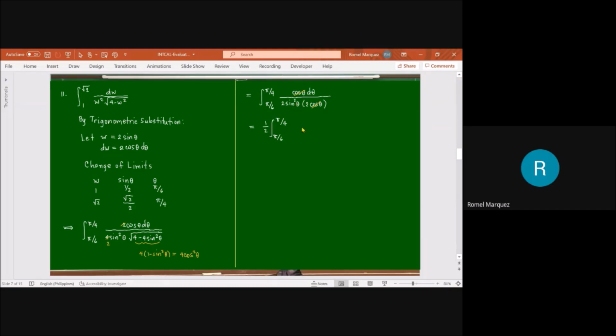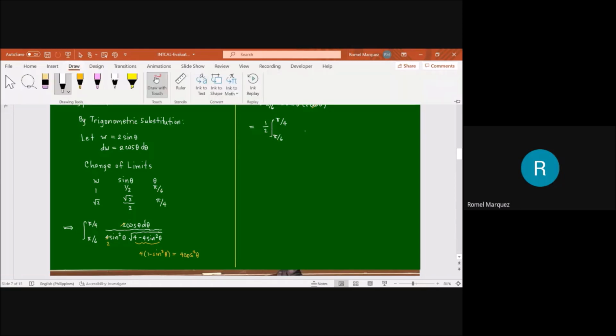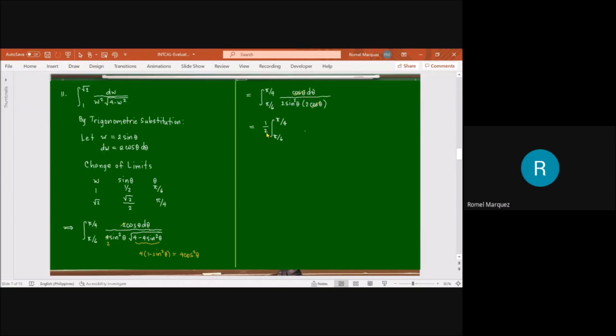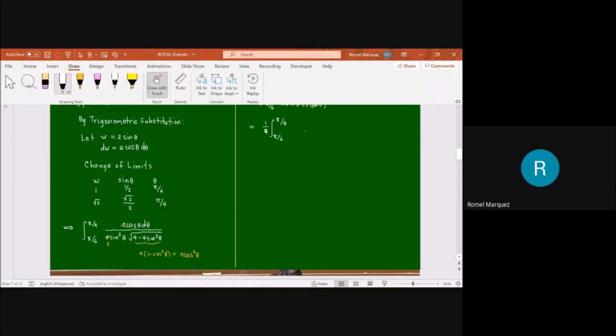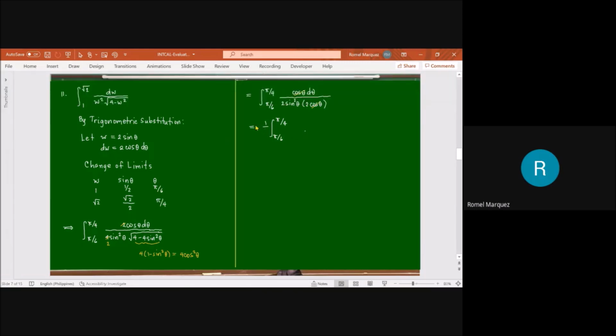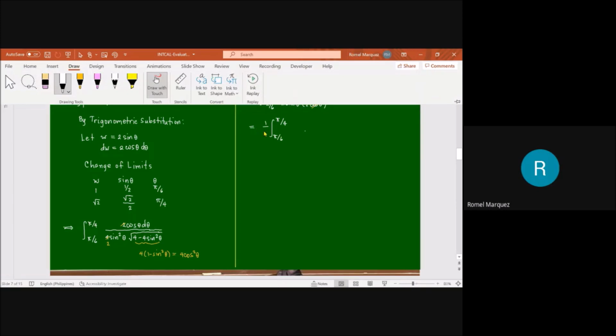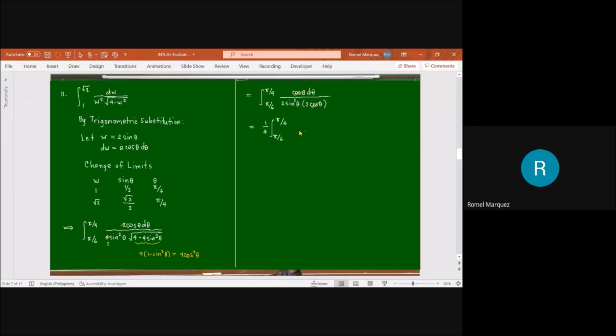Sine squared. Oh, what is left, guys? D theta over sine squared inside. Meron pang 2 rito, no? So 1/4 outside total. Guys, 1/4. Let me erase this. 1/4. Oh, here, guys. D theta over what?